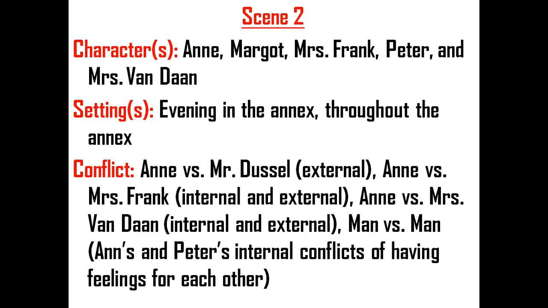So it means man versus man, like Annie's and Peter's internal conflict after having feelings for each other. So there is a new dimension being introduced to us, that was Anne's feelings for Peter and vice versa, Peter's feelings for Annie.